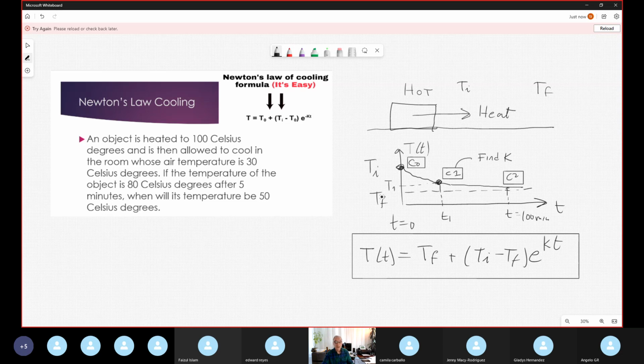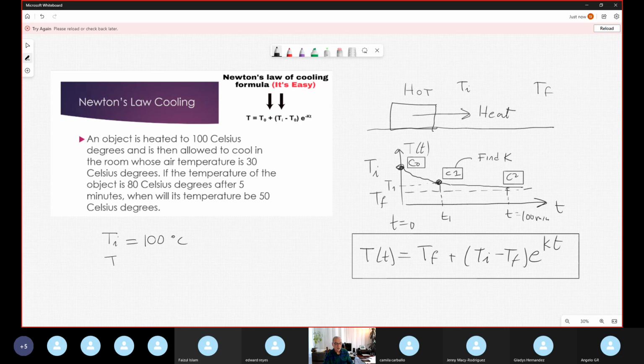Let's come back, at least to read the problem. Not solving today. An object is heated at 100 Celsius degrees. So temperature initial is 100 Celsius degrees. And then it is allowed to cool in a room whose air temperature is 30.